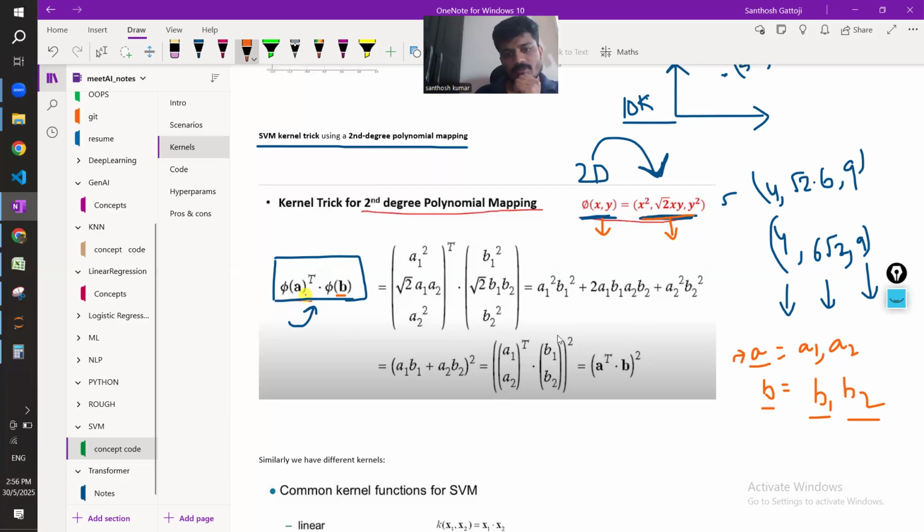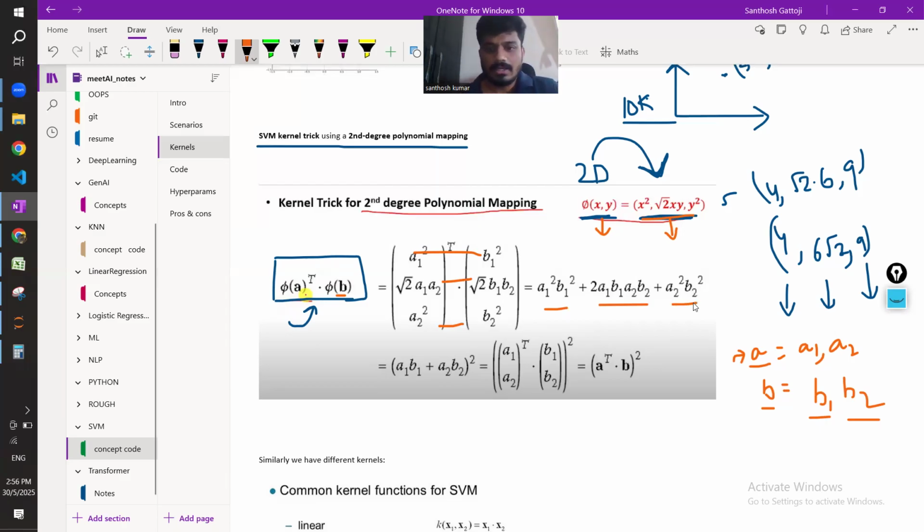If you solve this, you multiply A1 square with B1 square, then square root of 2 A1 A2 into square root of 2 B1 B2, so square root of 2 whole square will be 2 A1 A2 B1 B2, and A2 square into B2 square.